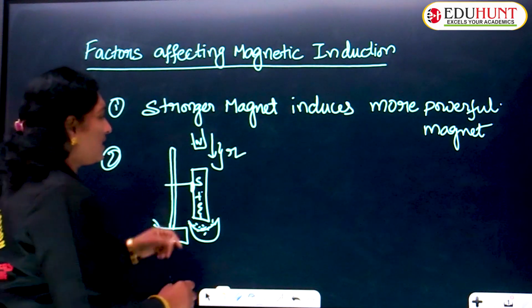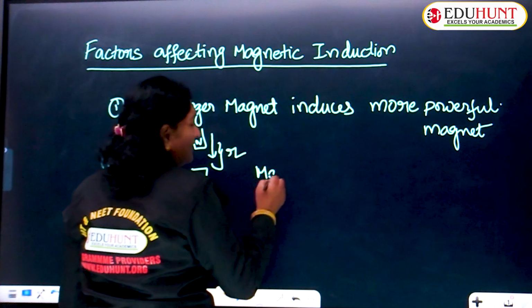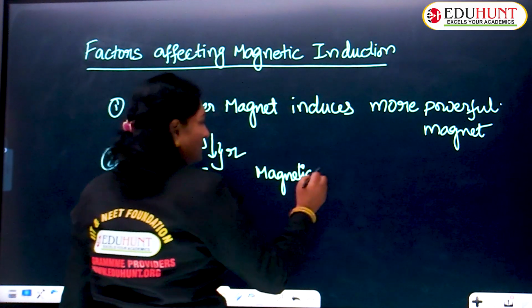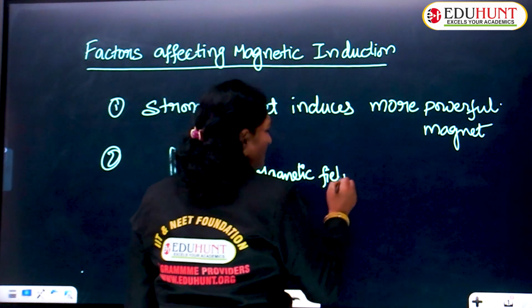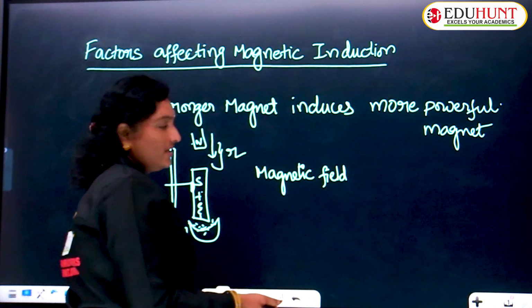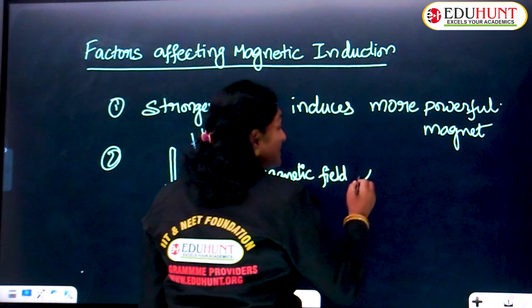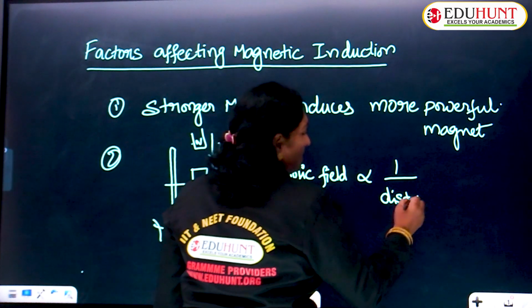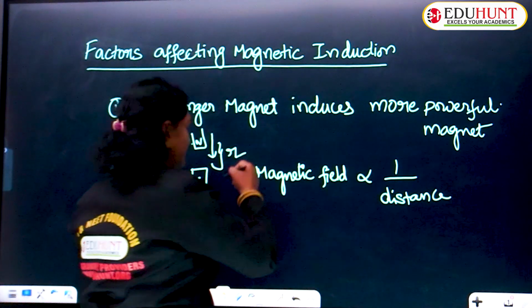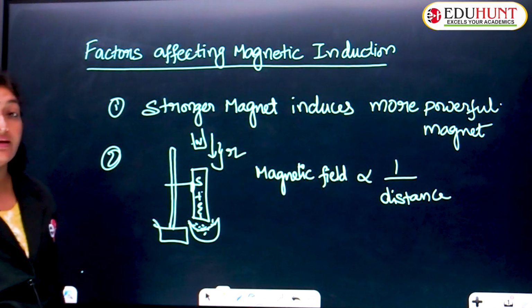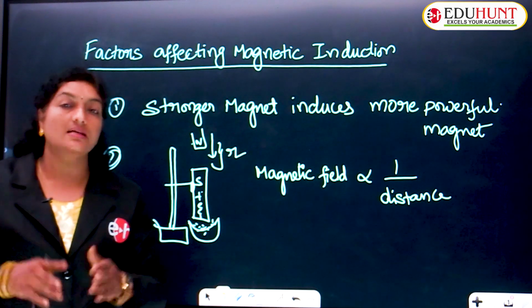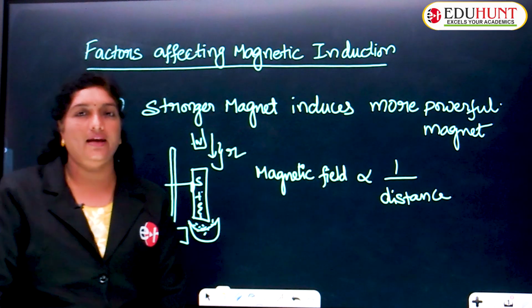So, from this we can conclude that the magnetic induction is inversely proportional to the distance between the magnet and the magnetic material. Larger the distance, less magnetic field is induced. Lesser the distance, larger magnetic field is induced.